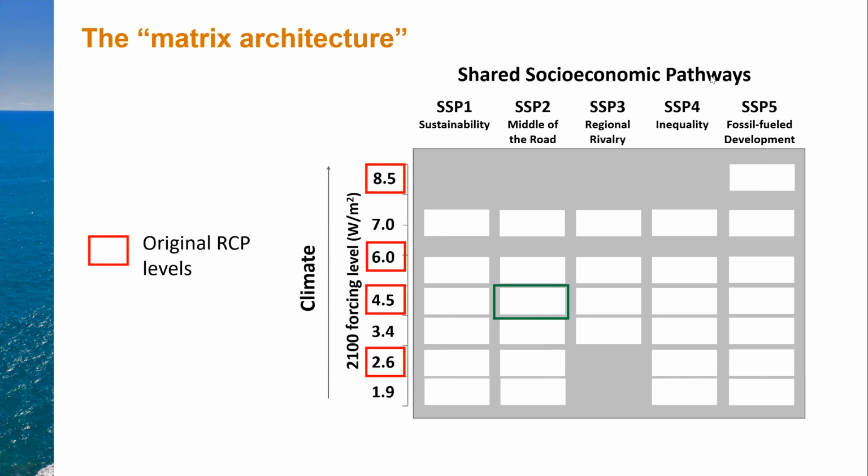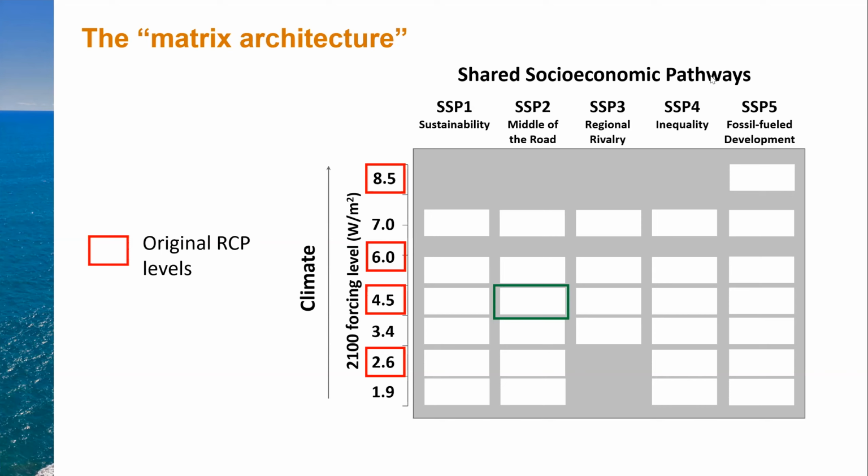Now, keep in mind that SSP2 can end up following many different forcing pathways. Why? Because of mitigation. You're at the top of that SSP2 column if you do no mitigation. If you do lots of mitigation, you get down to the 1.9 watt per meter squared forcing box, and the 4.5 is with some modest mitigation in between.